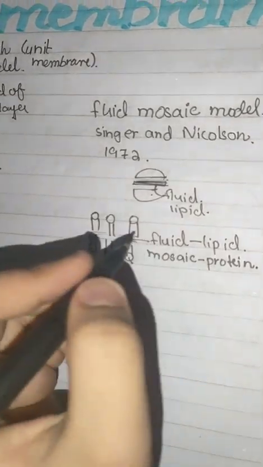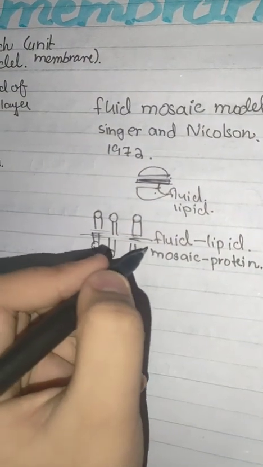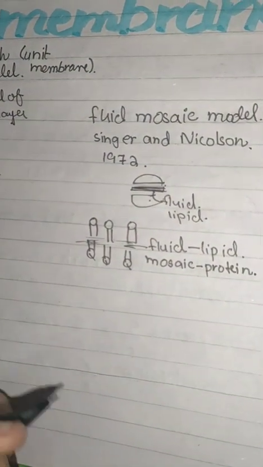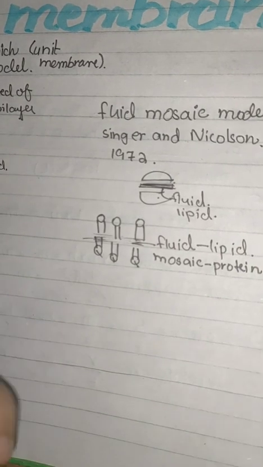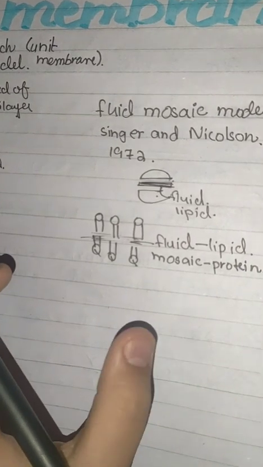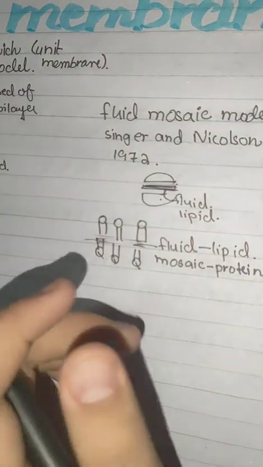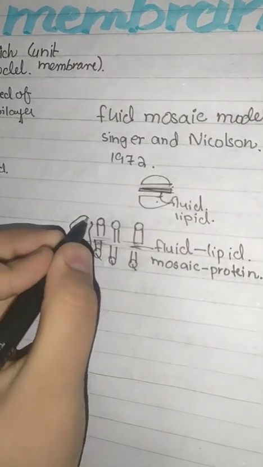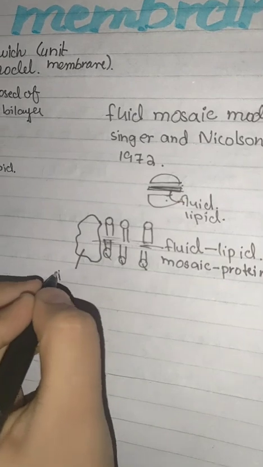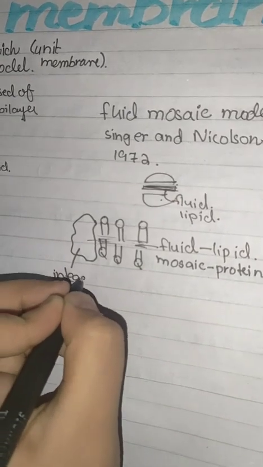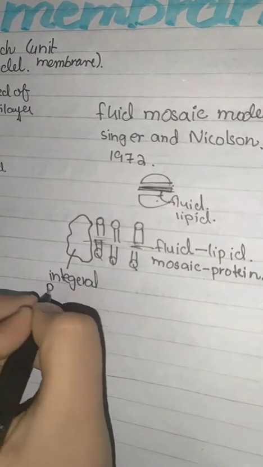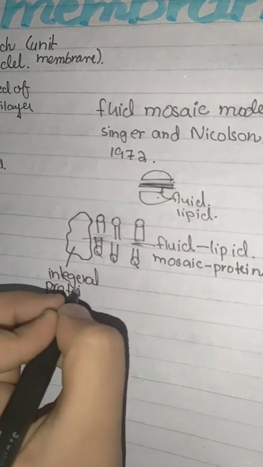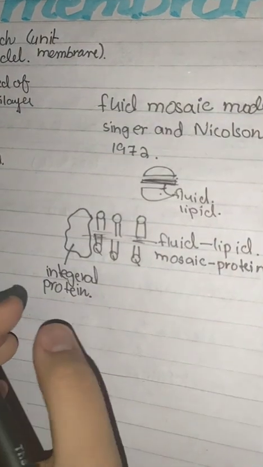This fluid helps objects to rotate, vibrate, move or translate. Here we have the embedded protein, which is the integral protein, also known as intrinsic protein.